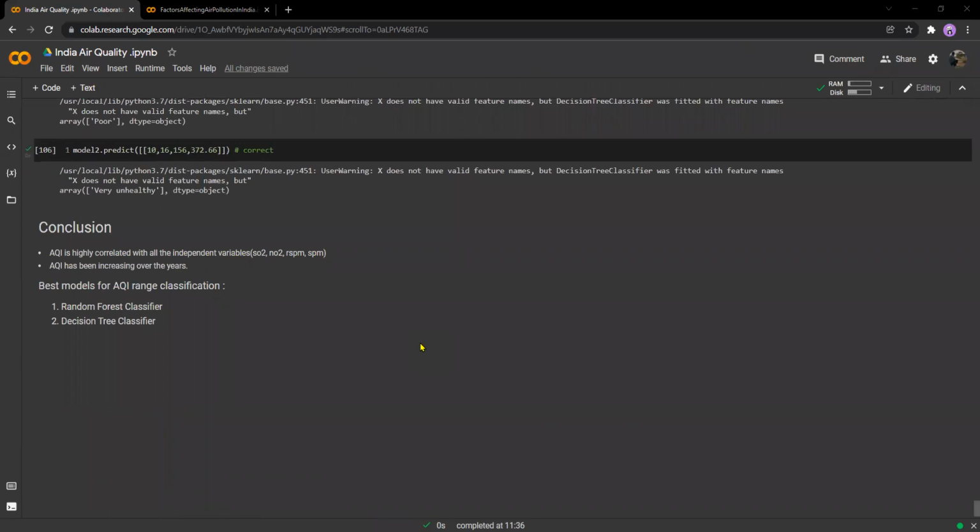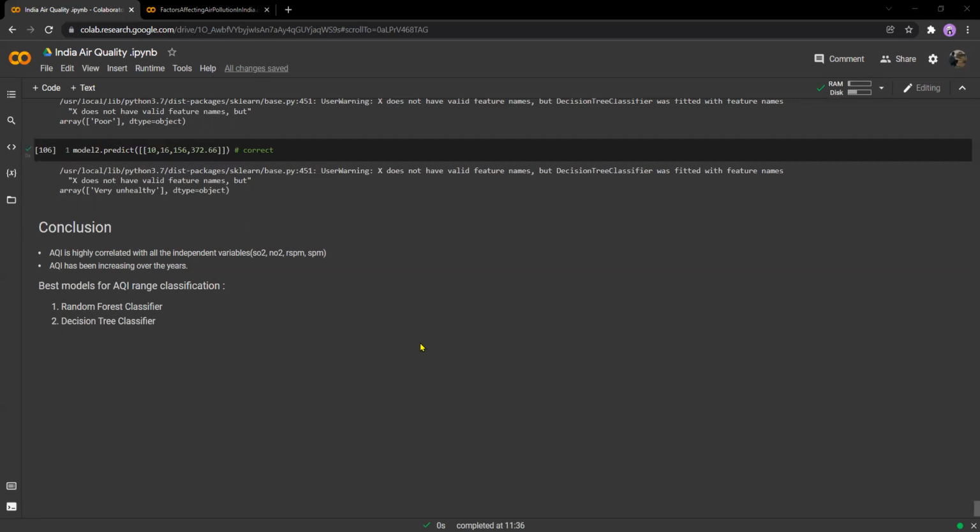air quality index is highly correlated with all the independent variables such as SO2, NO2, RSPM, and SPM. Air quality index has been increasing over the years, as we know, and even now it is increasing. Now the best models for the classification are the random forest algorithm and the decision tree classifier, where we got the correct answers for the problem.